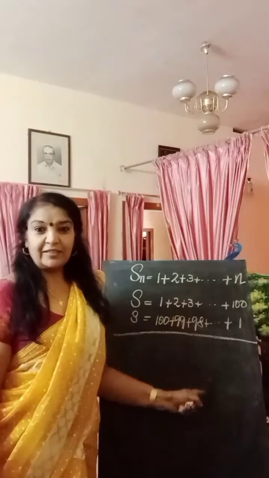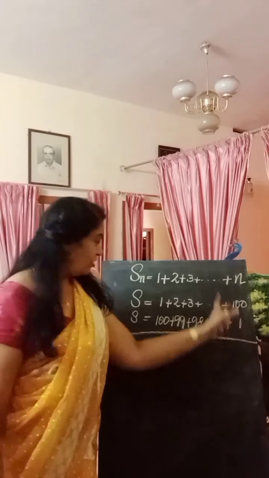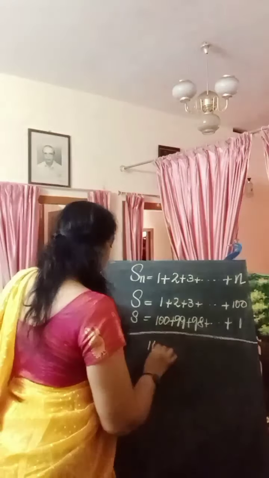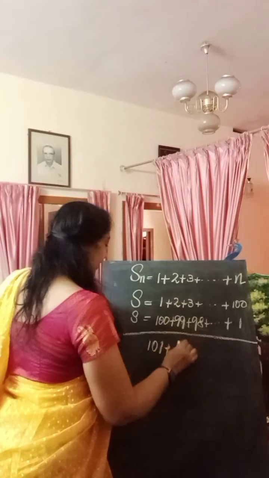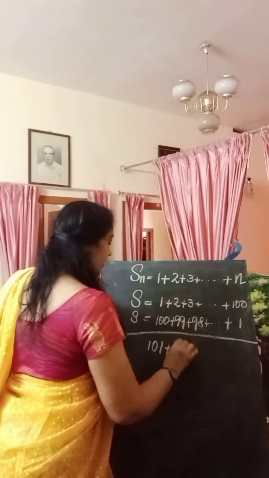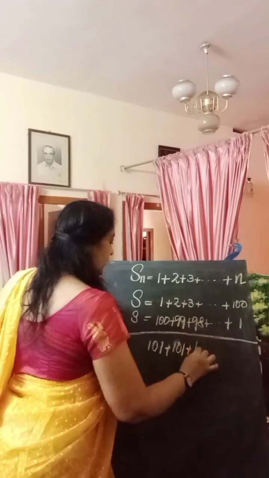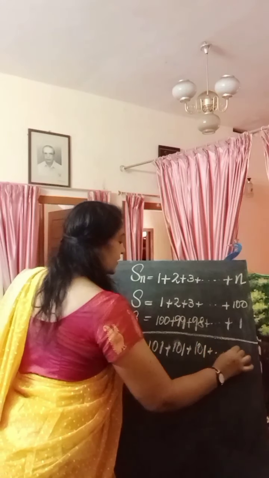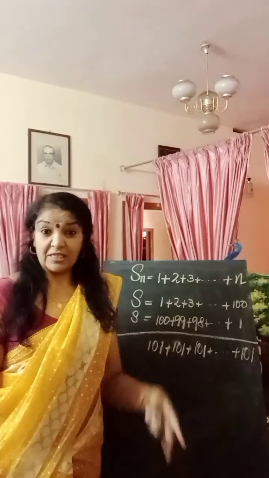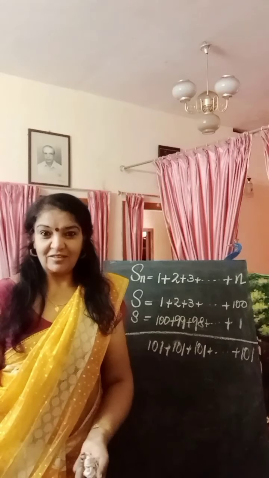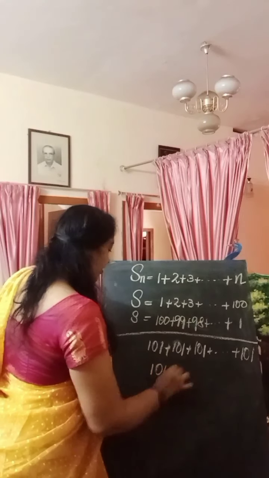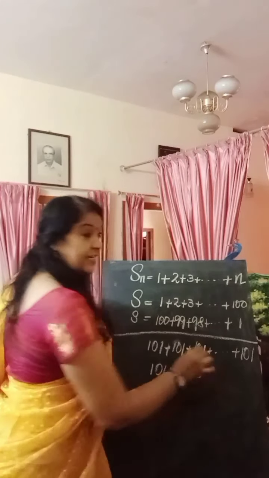Then he calculated that the sum is the same in all the terms: 99 plus 2 is 101, 98 plus 3 is 101, and so on. The last is 101. So how many times is 101 repeating? Right, 100 times.